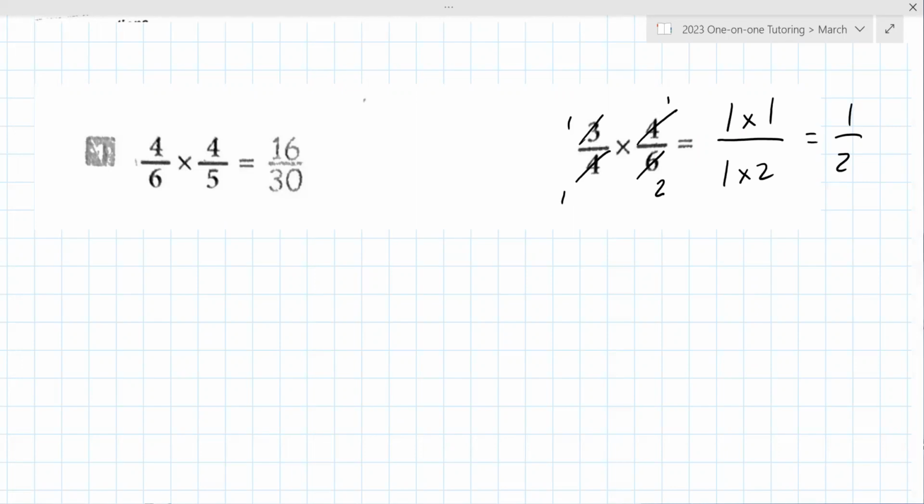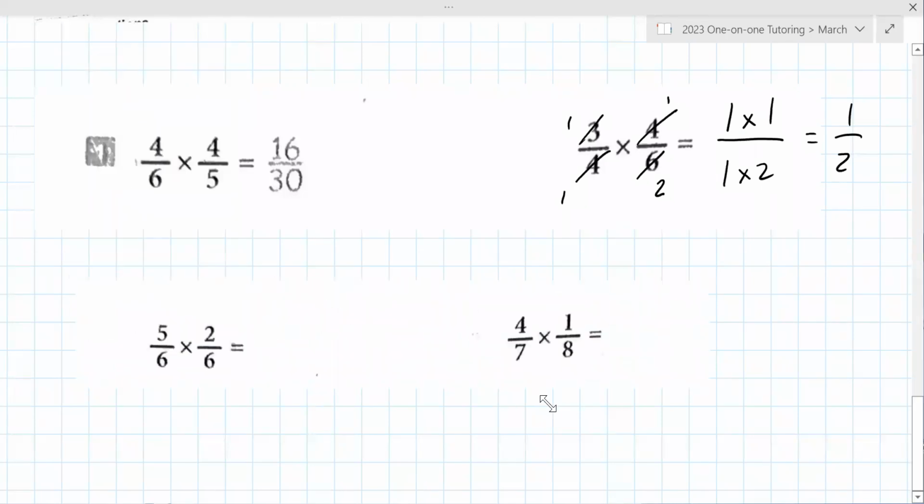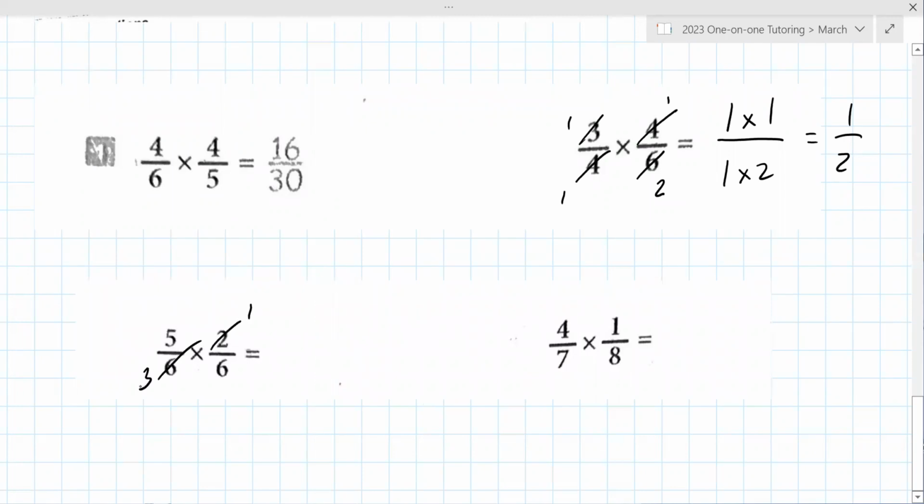Okay, and then 6 and 2, 6 divided by 2 is 3 and 2 divided by 2 is 1. So 3 times 6 and 1 times 5. That's 5/18. Good.